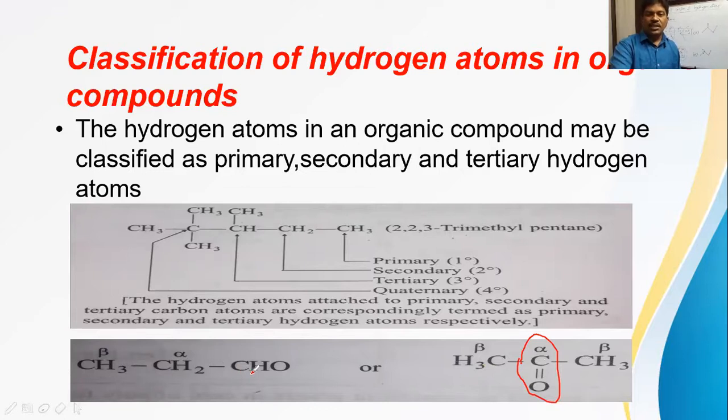And this hydrogen of the CHO group is neither alpha hydrogen nor beta hydrogen. It cannot be taken as alpha hydrogen or beta hydrogen. It is simply the CHO functional group of aldehyde, that's all. So these things we have to understand.